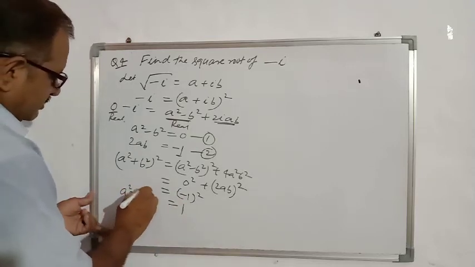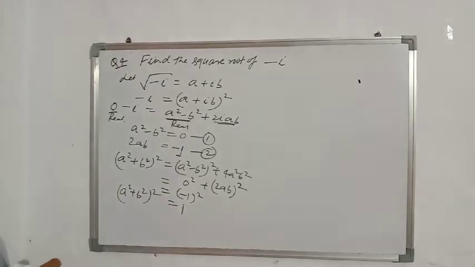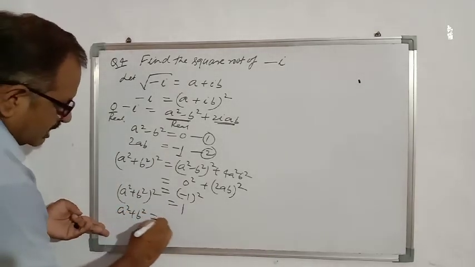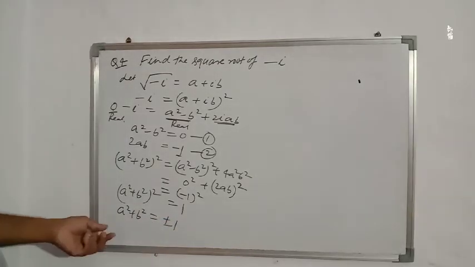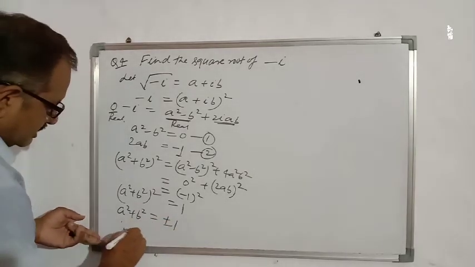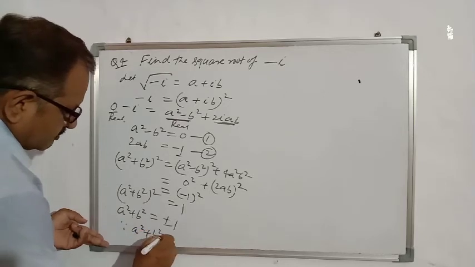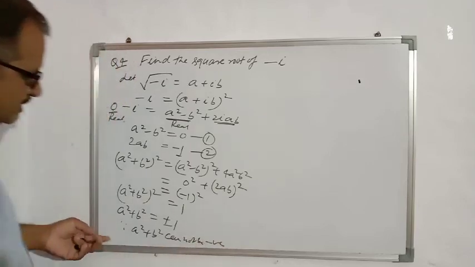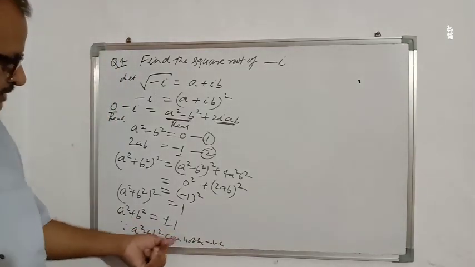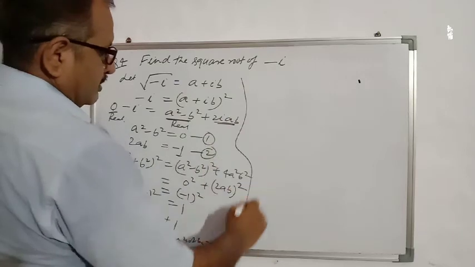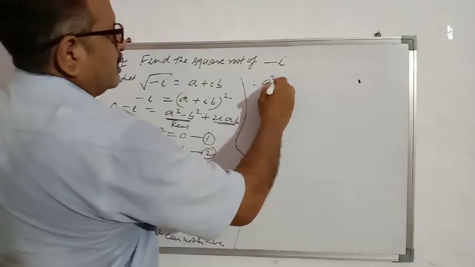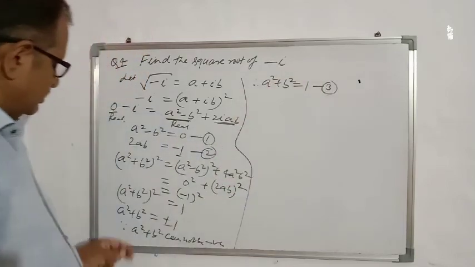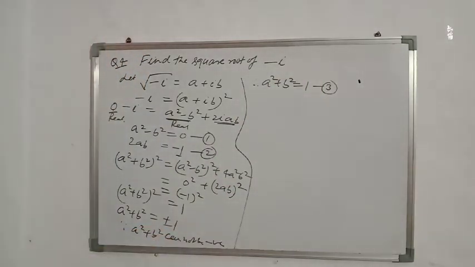So (a square plus b square) whole square is equal to 1. So what will be a square plus b square? Plus or minus 1. Since a square plus b square cannot be negative, therefore a square plus b square is equal to 1. We will take the positive value.